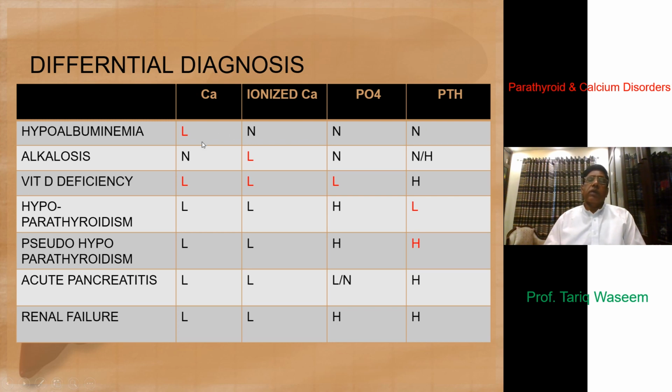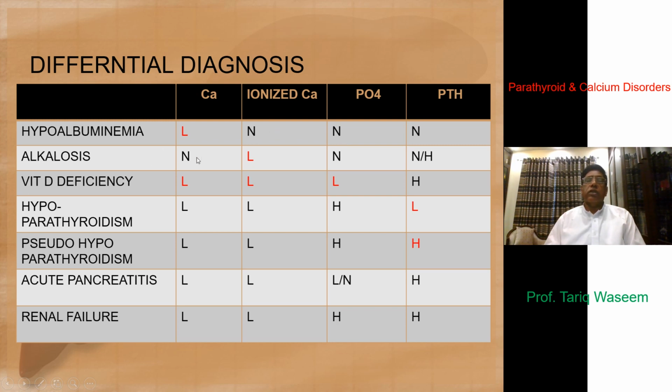And that's why whenever you have a low calcium level, you simultaneously check the albumin level and then do a correction, whether for a given albumin level this total calcium is okay, because the ionized calcium, which is actually responsible for parathormone release, would be normal.